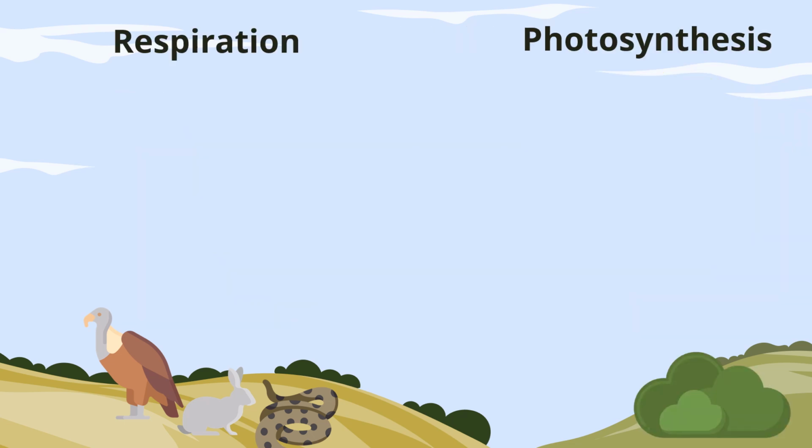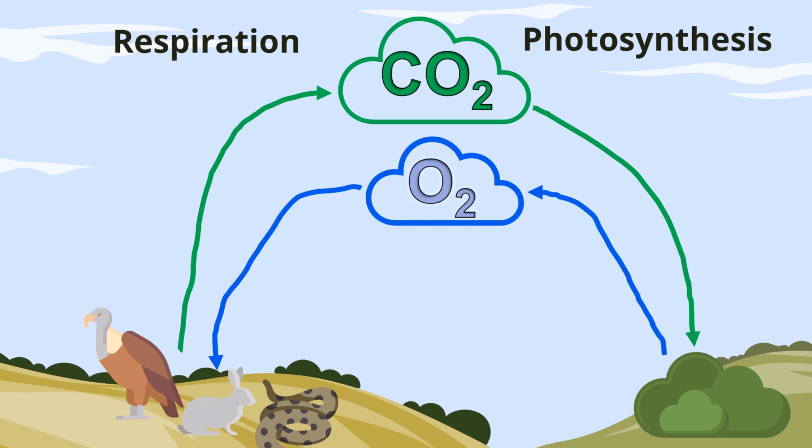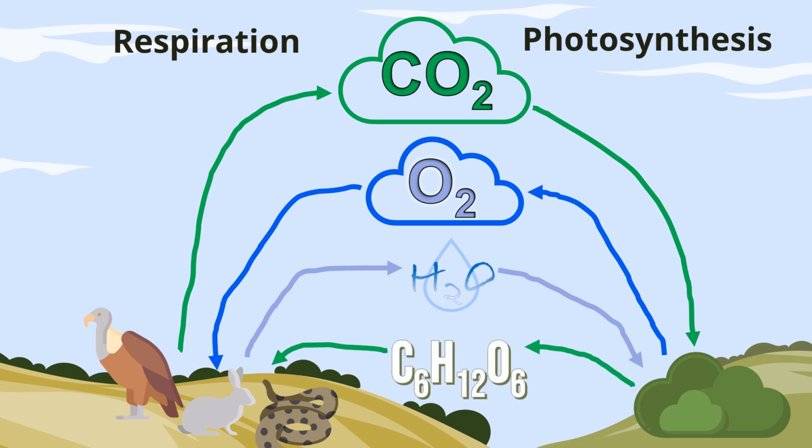But most of all from this, I want you to start seeing the cycle. So we've got animals doing respiration, plants doing photosynthesis. You can see carbon dioxide is going one way, oxygen's going the other, even water and glucose. So you're going to see a cycle start to form here, especially with that carbon dioxide and oxygen.